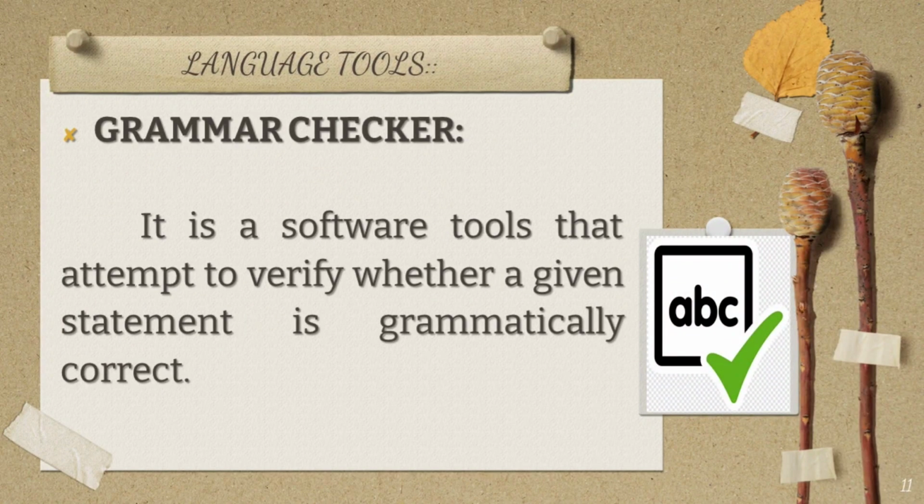One example of language tools is the grammar checker. So what is this one? It is a software tool that attempts to verify whether a given statement is grammatically correct. The spell checker is used for detecting and correcting misspelled words in a document.